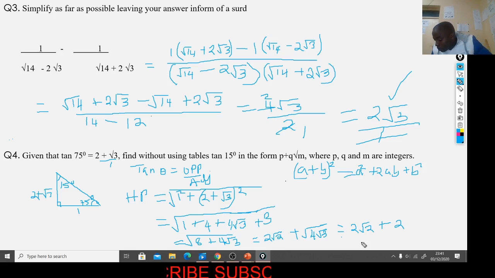If you talk about the square root of root 3, it gives you 2 times the fourth root of 3. Yes, fourth root of 3.